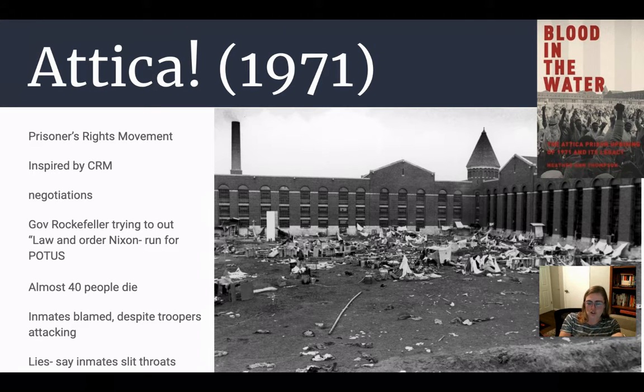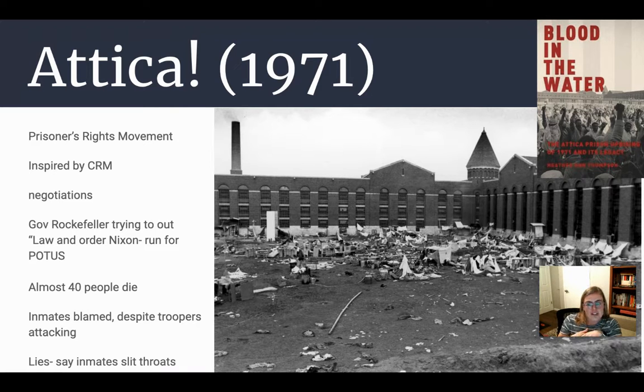And the governor of New York, Governor Rockefeller, he's thinking about running for president of the United States in 1972. And so he's trying to make a name for himself. So he's going to try and out law and order Nixon. So essentially be even tougher on crime, even tougher on, I would argue, Black and brown people than Nixon. And he makes a decision that rather than deal with this peacefully, he's going to send in law enforcement to end this uprising.